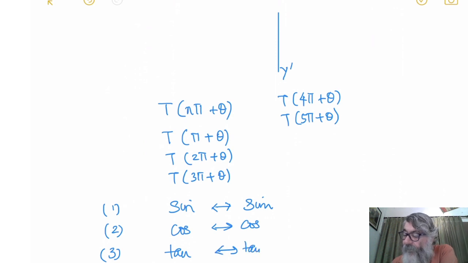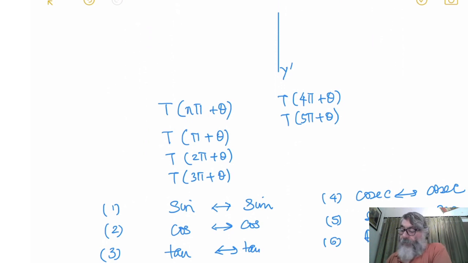And obviously cosec will remain cosec. Sec will remain sec, and cot will remain cot. Let's understand what I am saying.